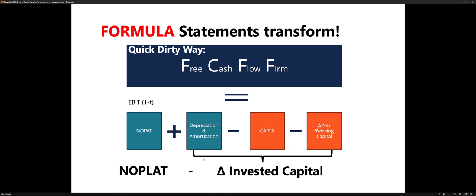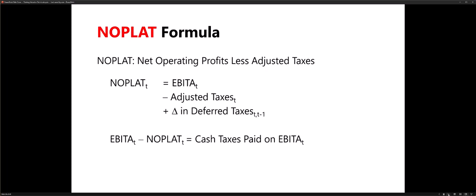So what we're doing is incorporating everything, and we will see it later on when we get to a bit more detail. So we're not using the quick and dirty way. We're using a simpler formula, but a more comprehensive way of doing things.